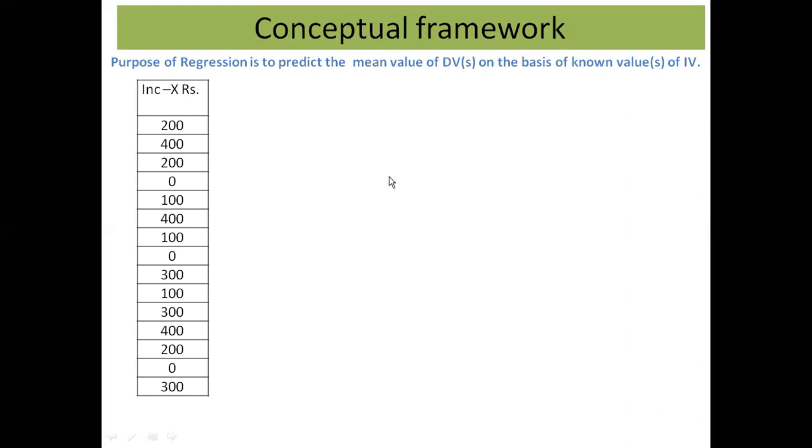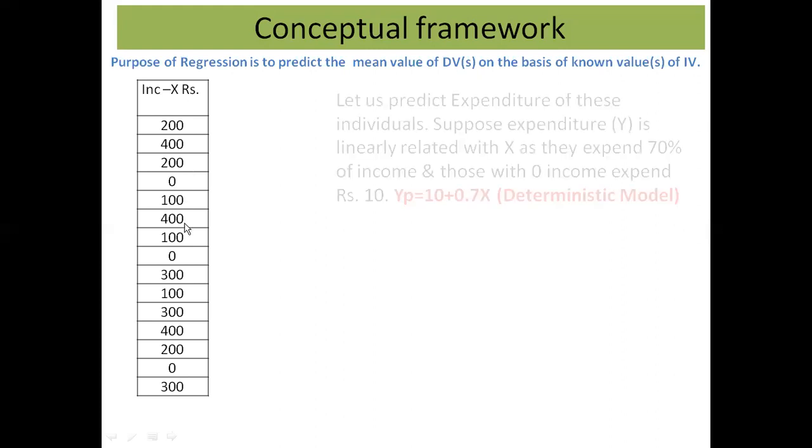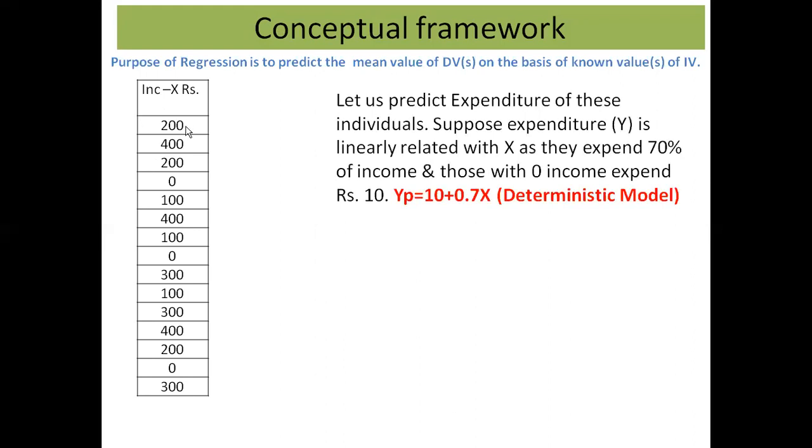Suppose I have asked the income from certain individuals. Someone told 200, 400, 200, 0 like that. Now, suppose I want to predict the expenditure of these people. What is the expenditure of this person and this person? I'm not asking these people.